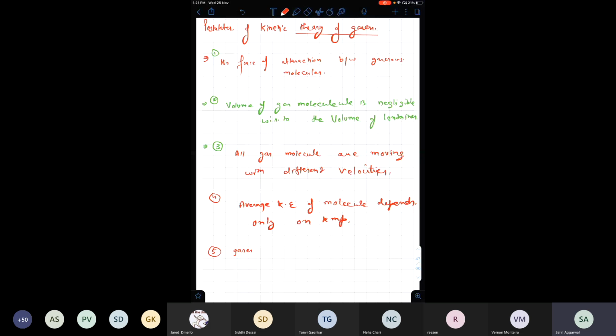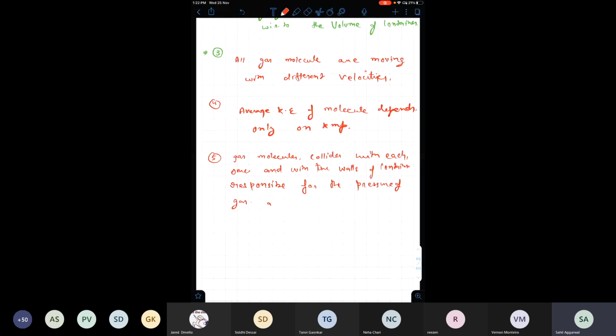Gas molecules collide with each other and with the walls of container, responsible for the pressure of the gas, and their zigzag motion.